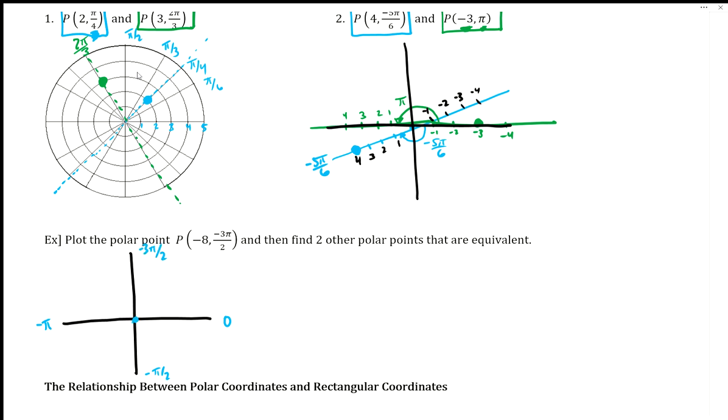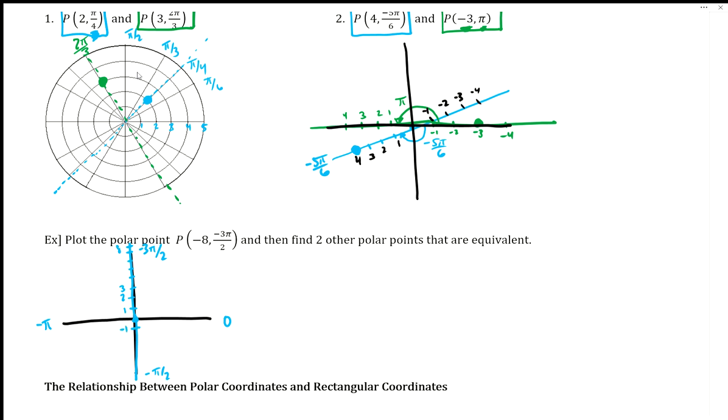Okay, so I'm going to draw a line through the origin going to -3 pi halves, and then I'm going to keep it going the other way as well. Going toward the -3 pi halves angle would be +1, 2, 3, and so forth, 4, 5, 6, 7, 8. But in this problem, we need a negative, so we should go the opposite way.